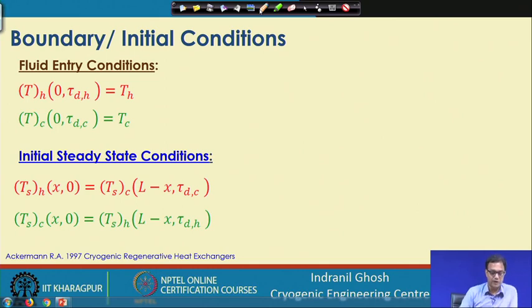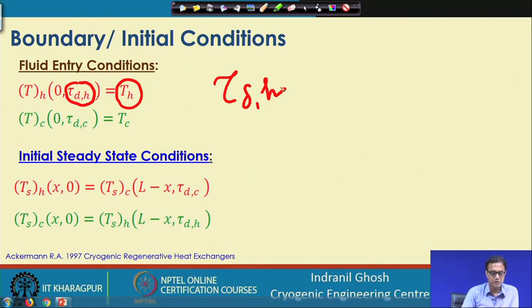And here what it is telling is that when it is entering the regenerator, it is entering at a temperature of TH. This tau d H basically tells about the dwelling time for the hot fluid.